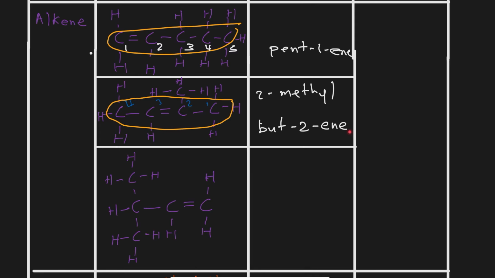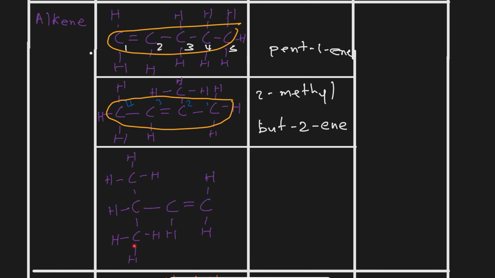Now, if you look at this last alkene that we're looking at, we have to identify the longest chain. Remember, the longest chain should always include the functional group. That means we can say the longest chain is in this way, which has 4 carbons, or we can also say the longest chain is in this way, which has 4 carbons.